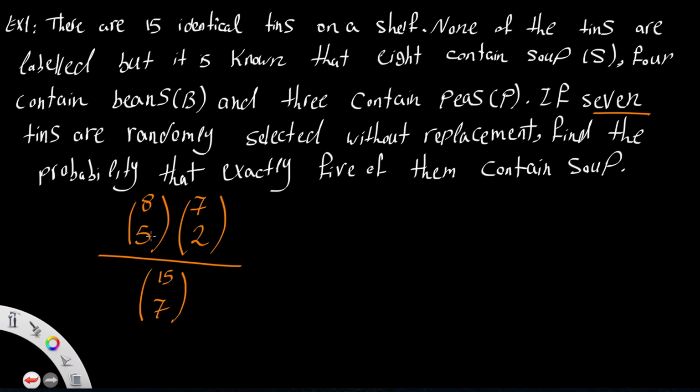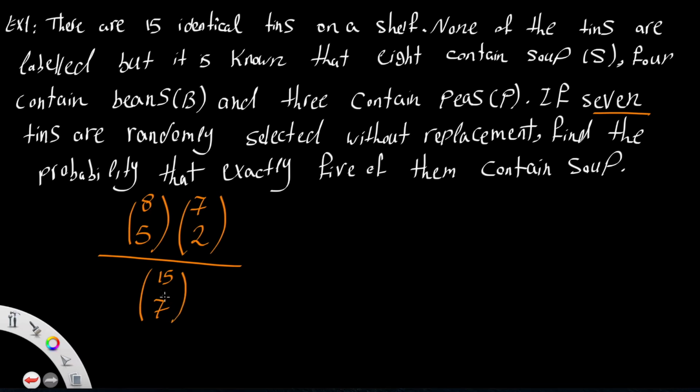So what is the probability that 5 of them contain soup? 5 is going to be selected out of 8, the total number of soups, and the rest 2, because 7 tins are going to be selected. So 2 more you need to choose, 2 out of the rest, which is 3 and 4, over the total number.